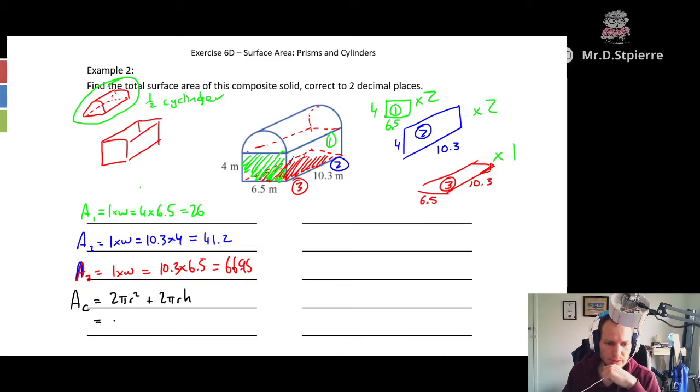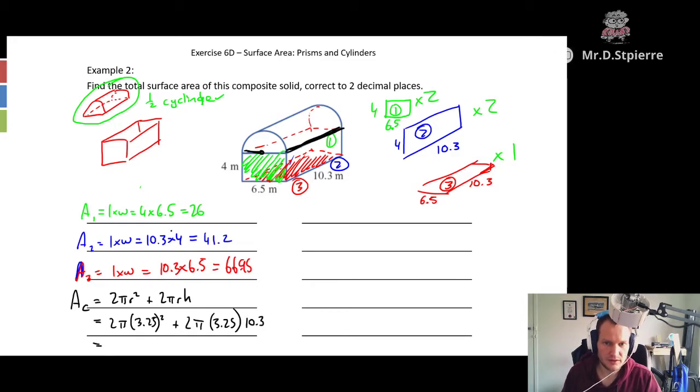We get 2 pi, the radius halfway across, radius is 6.5 divided by 2, so that's 3.25 all squared plus 2 pi, again 3.25, and then the height, which is the length along there, 10.3.